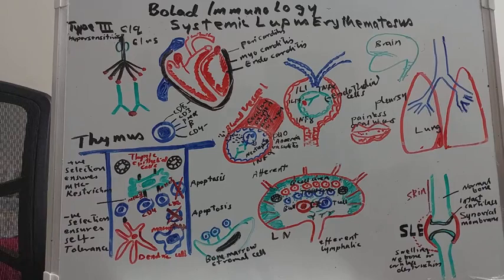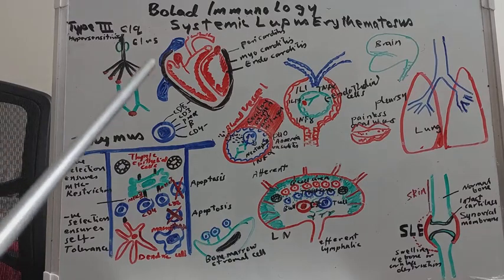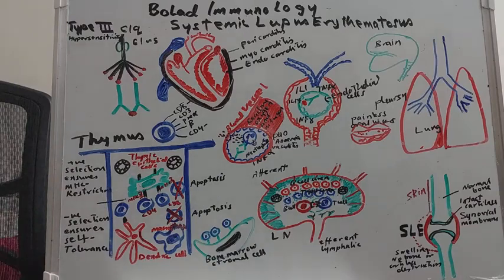So SLE is a multi-system disease and can affect many organs, many parts of the body. For example, as can be seen here, it has effects in different parts of the body. This is, for example, the glomerulus or the glomeruli.